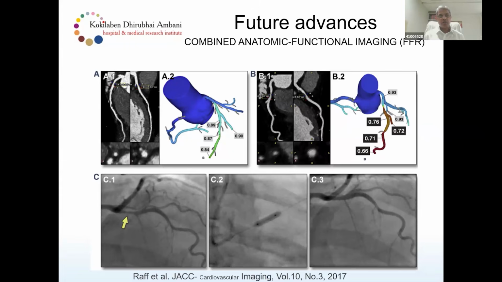But the FFR, which is also done in invasive coronary angiography, is now possible in CT coronary angiography, and they can actually say whether it is a significant obstruction or not, and refine the decision making process for patients with coronary artery disease. And I believe most of the corporate hospitals in the private sector that have high-end machines must be doing the FFR in addition to the simple anatomical imaging of the coronaries.